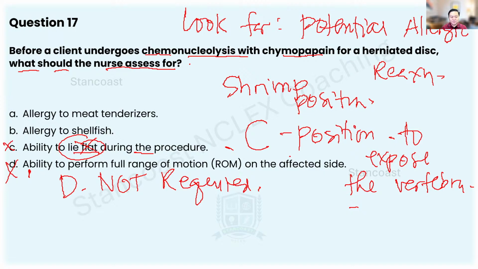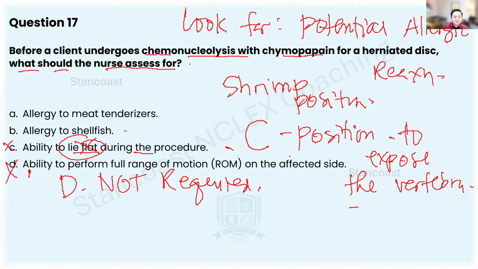So what about letter B? Allergy to shellfish. Remember I said that this is a substance that is derived from the papaya. I said that earlier, but it wasn't too obvious. Shellfish is not going to be involved here, okay?